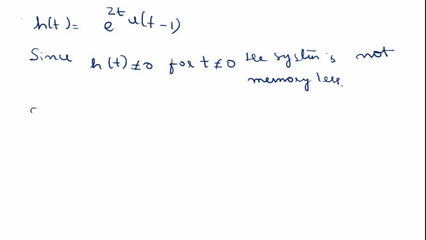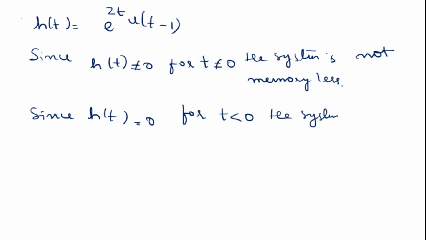Second one, since h of t is equal to 0 for t less than 0, the system is causal.